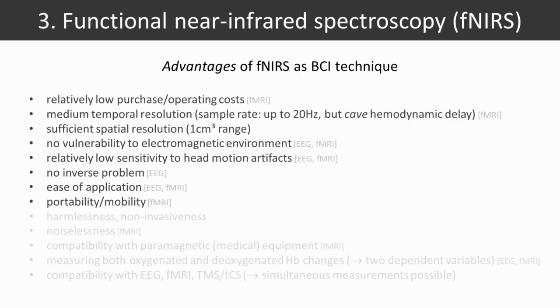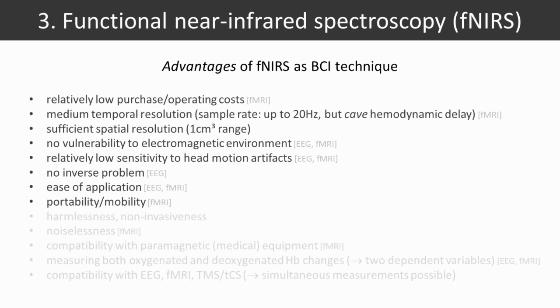Okay, let me finish this section with listing the advantages of fNIRS as a BCI technique. fNIRS is relatively low in price. Also the operation costs are low. We have a medium temporal resolution. The sample rate is up to 20 Hertz, but of course we have to consider the hemodynamic delay.